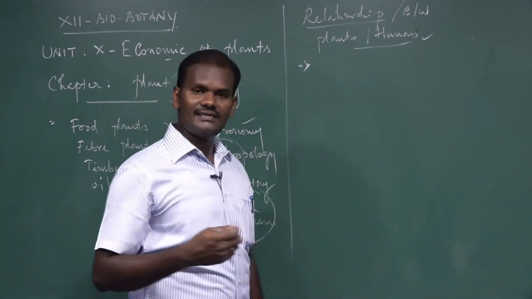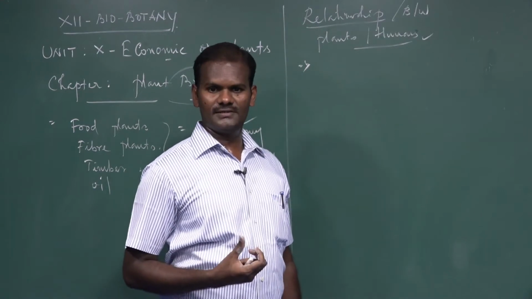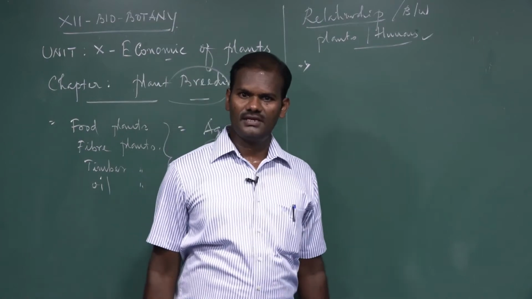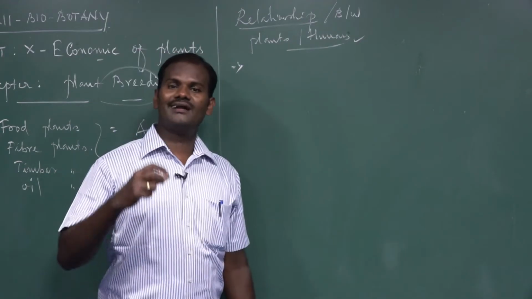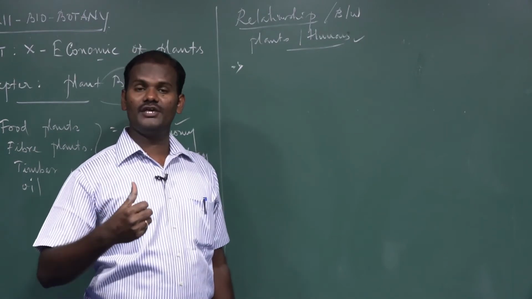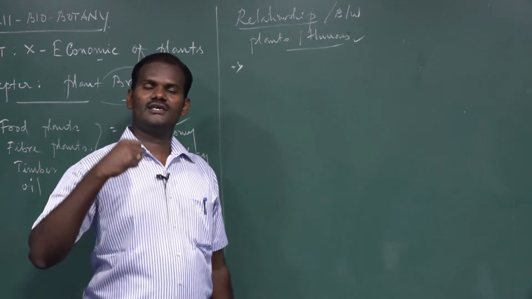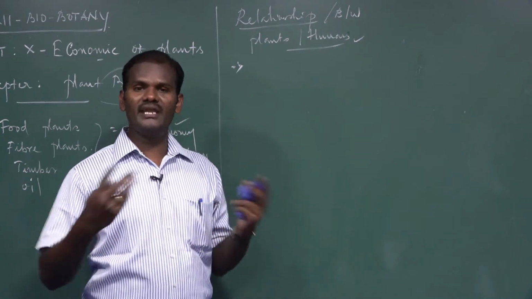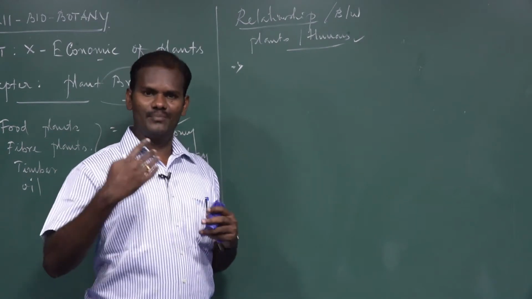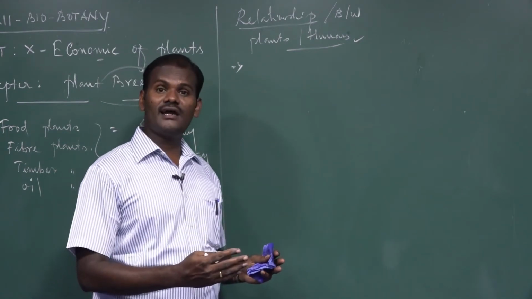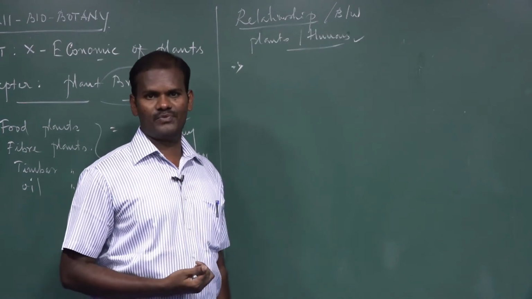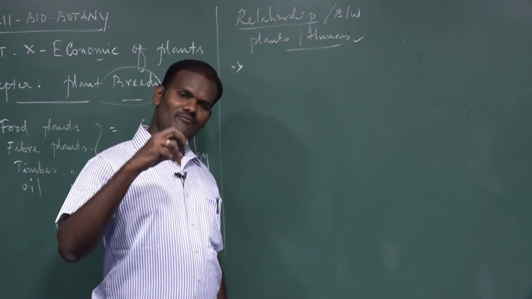Selecting these varieties of food plants led to the development of human history. Due to the invention or discovery of a variety of plant species, human communities developed, and human civilization also developed in many ways, because of the utilization of these varieties of plant species.